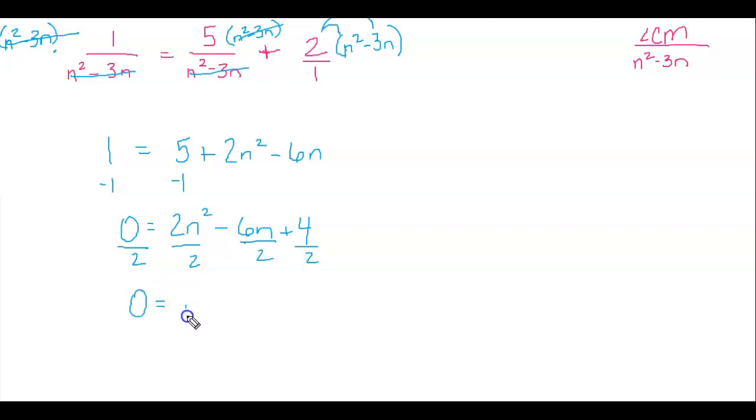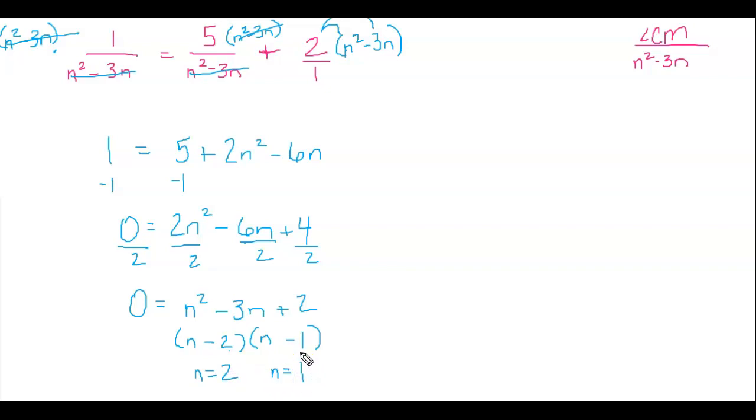So 0 is equal to n squared minus 3n plus 2. And I'm going to try and solve by factoring. Two numbers that multiply to equal positive 2 and add to equal negative 3 are negative 2 and negative 1. And so I get that n is equal to 2 and n is equal to 1.